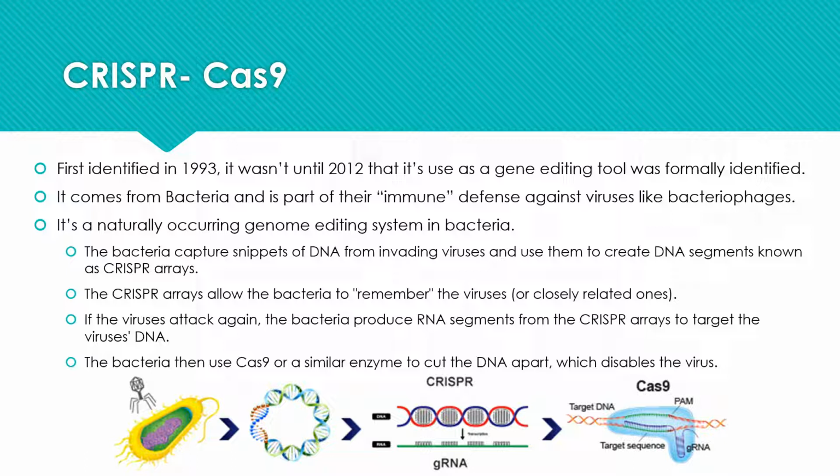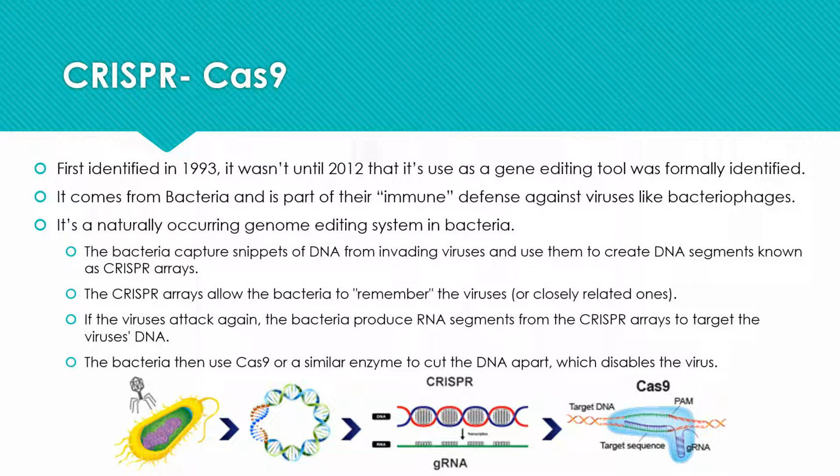It continued to be researched, and in about 2012, scientists realized, hey, we think we can take this thing that's part of bacteria and basically part of their immune system, and manipulate it and use it to edit genes in other organisms, potentially even in humans.